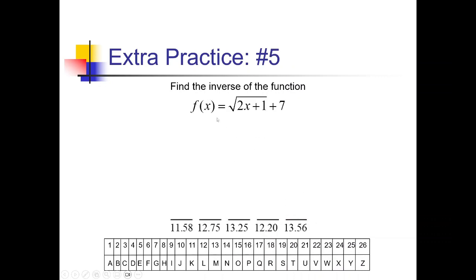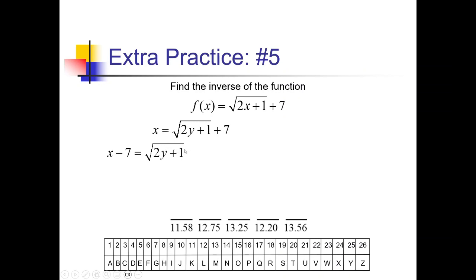For number 5, I'll start this one by switching x and y. So x equals square root of 2y plus 1, all of that plus 7. I've got a few steps to get y by itself on this one. Let me first subtract this 7 out here. So x minus 7 equals that square root. Then I'll get rid of the square root.